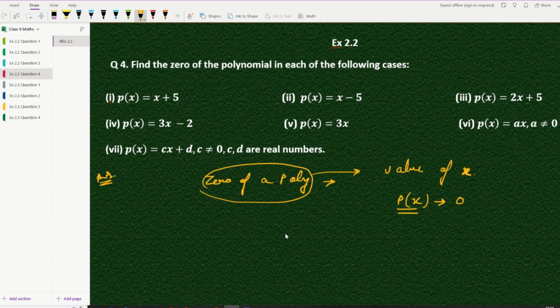So without wasting the time, let us move to question number 4, part 1. ये आपका थोड़ा सा कॉन्सेप्ट पार्ट था जो उसमें यूज होगा.